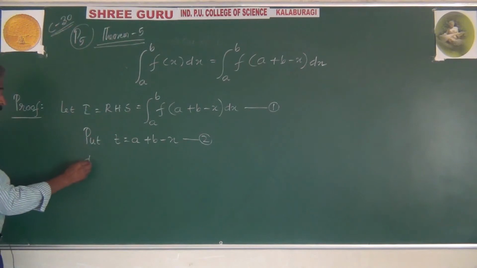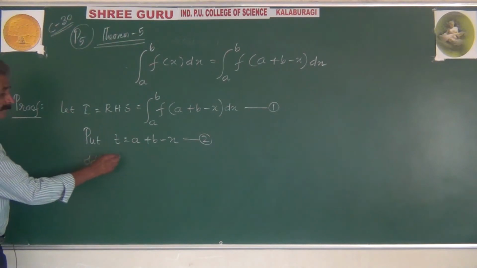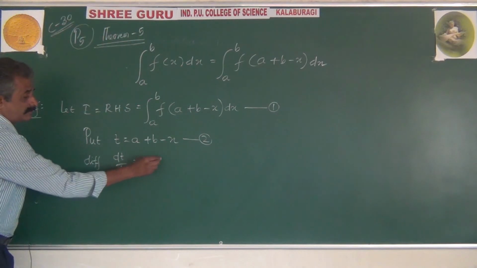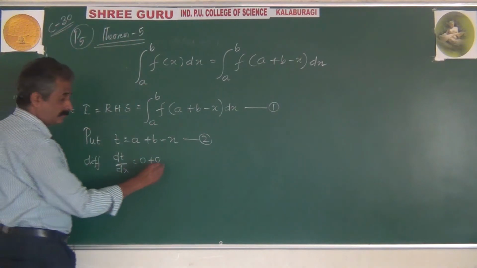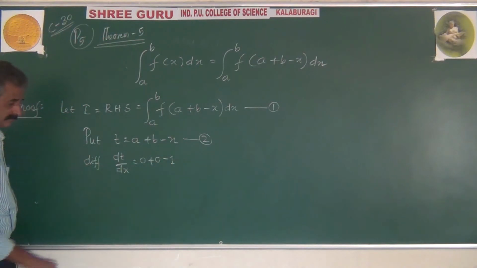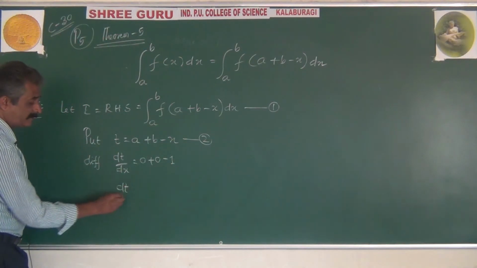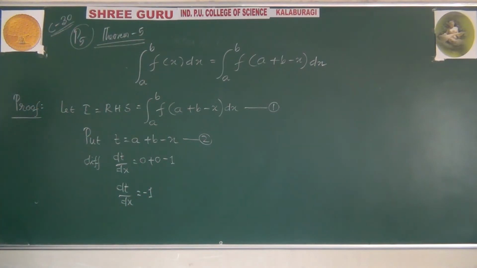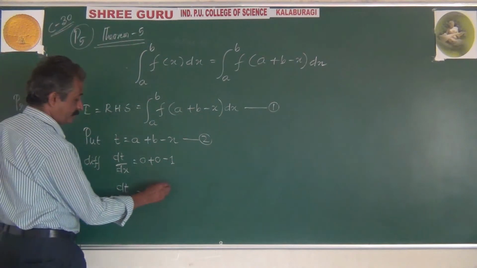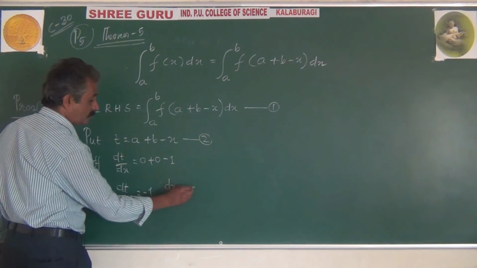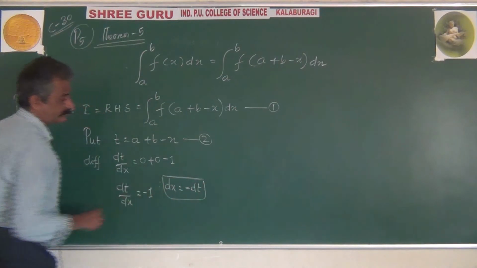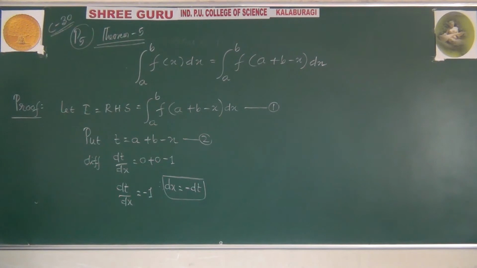Differentiate. On differentiation, dt by dx equals differentiation of a 0, differentiation of b 0, differentiation of x 1. So dt by dx equal to minus 1, or dx equal to minus dt. More importantly, limits have to be changed.